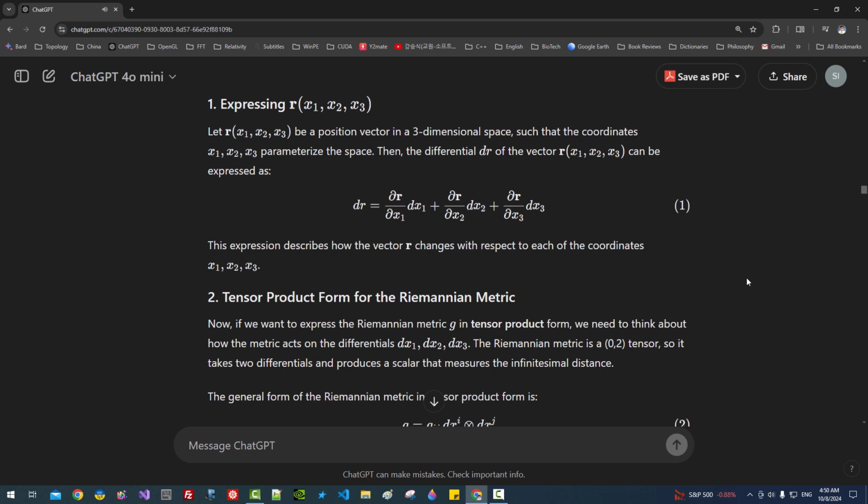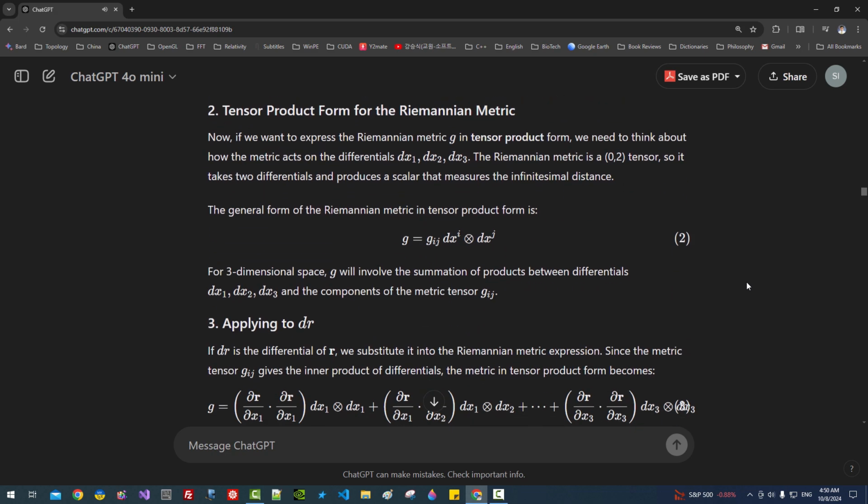Then the differential dr of the vector R can be expressed as dr equals partial R over partial x1 dx1 plus partial R over partial x2 dx2 plus partial R over partial x3 dx3 (1). This expression describes how the vector R changes with respect to each of the coordinates x1, x2, x3.